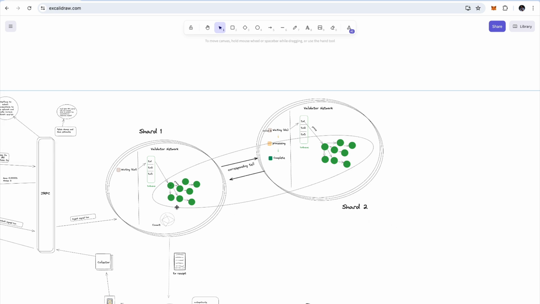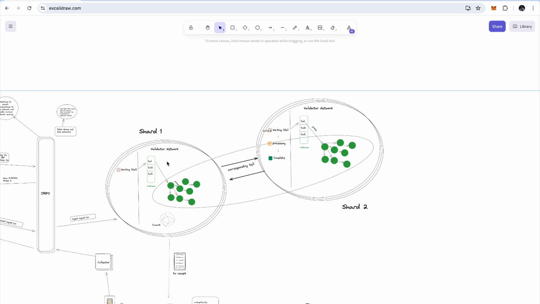All right, so let's say that I'm sending money from wallet A to wallet B. Wallet B is in shard 2, that is, the validators responsible for that account are in shard 2. But the validators responsible for the first account, wallet A, are in the first shard. So in situations like this, the validators in shard 1 need to ask for that information from the second shard.